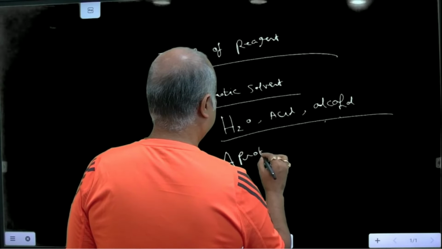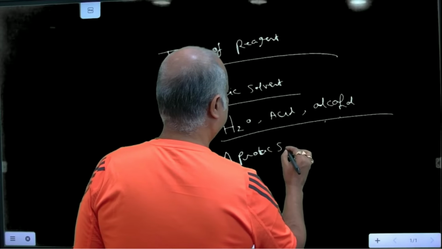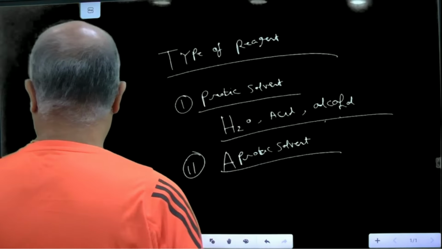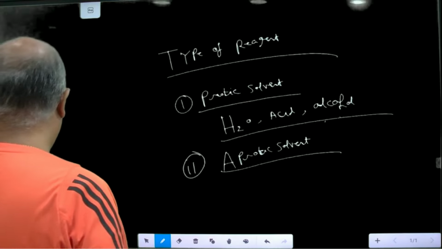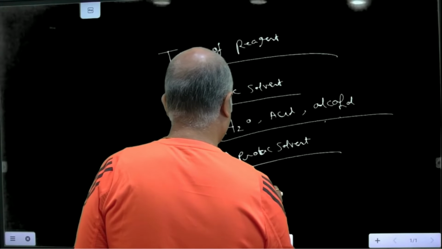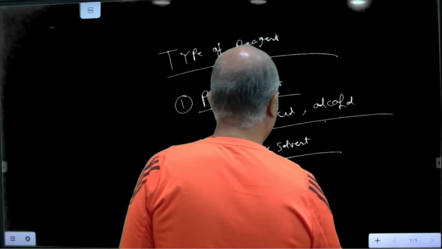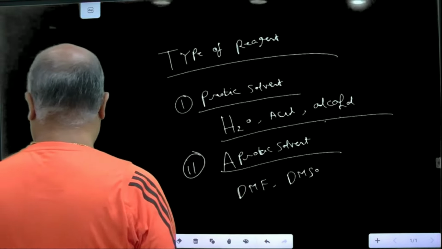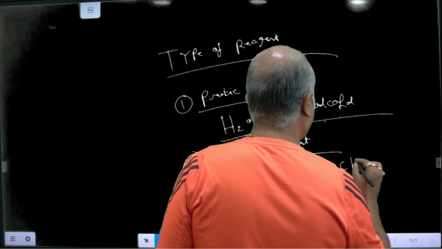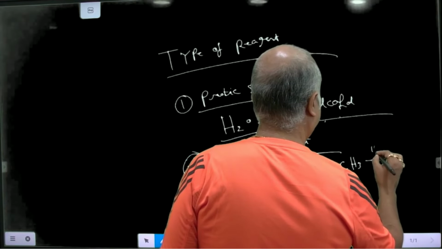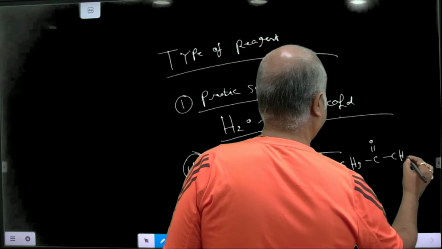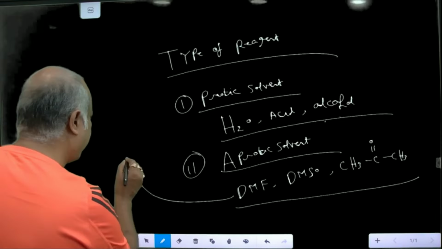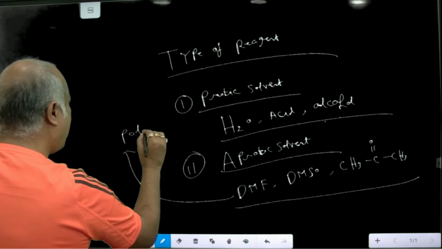There are also aprotic solvents like DMF, DMSO, and acetone. These three are polar aprotic solvents.